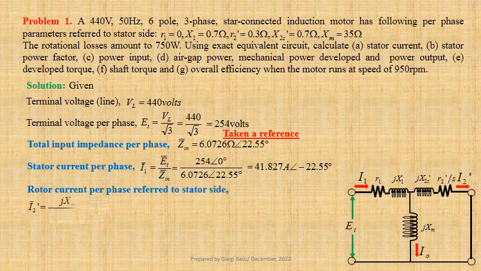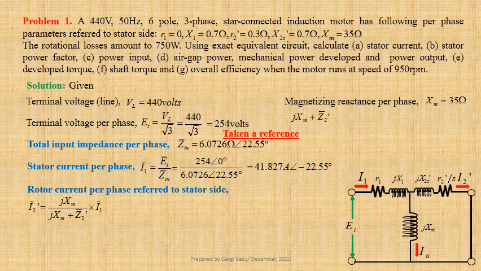I2 dash equals jXm divided by jXm plus Z2 dash into I1. Given magnetizing reactance per phase Xm equals 35 ohm. We have computed jXm plus Z2 dash equals 36.2 ohm at an angle 80.4596 degree.